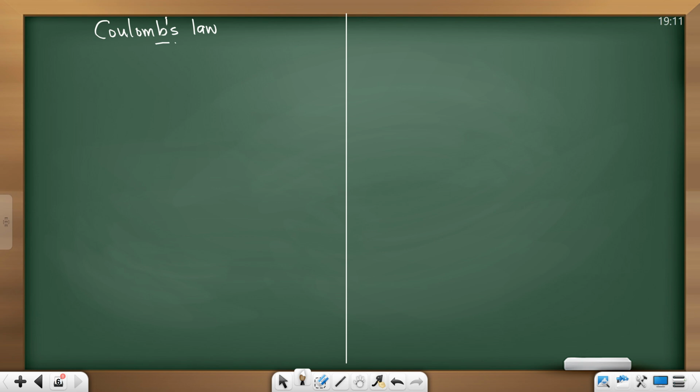Coulomb's law. Now, this is completely similar to universal gravitation that we did.